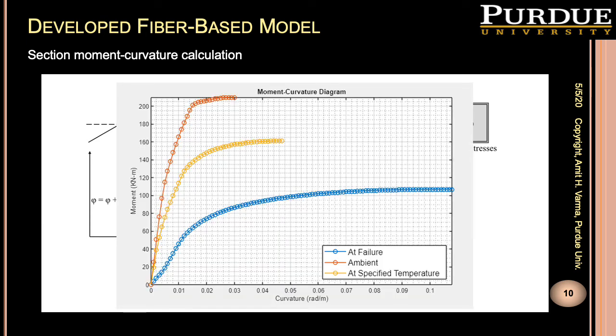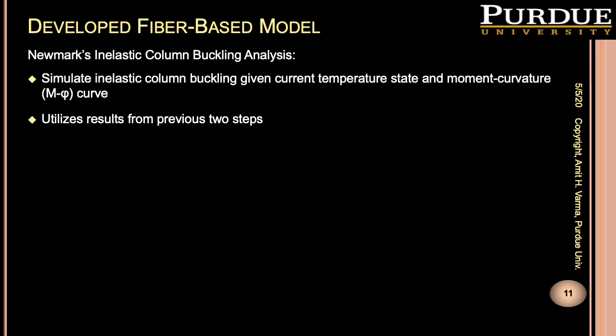This figure shows the moment curvature diagram for a section at ambient temperature, at failure, and at a specified surface temperature. The obtained moment curvature plot is then used in column buckling analysis, which is discussed in the next slide.